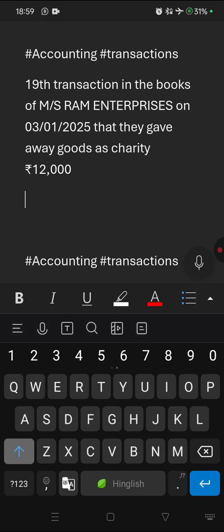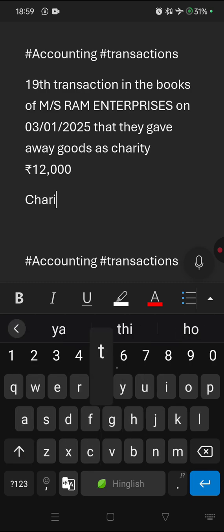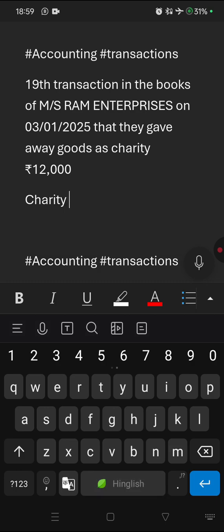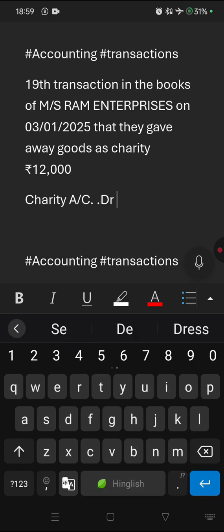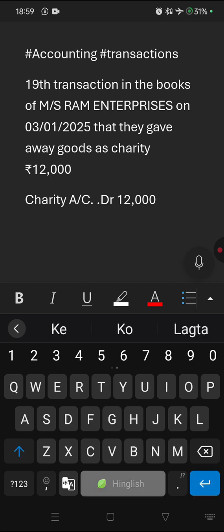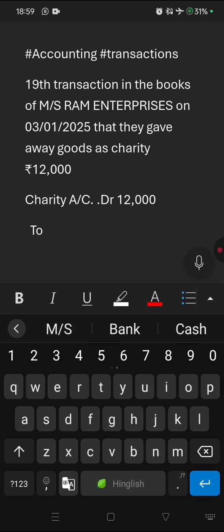So the journal entry shall be charity account debit, how much rupees? 12,000. And to purchases account.